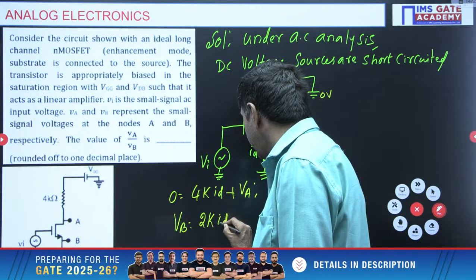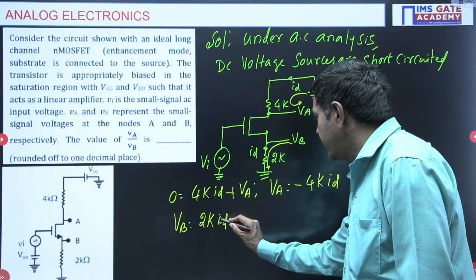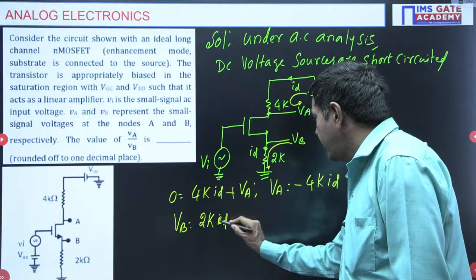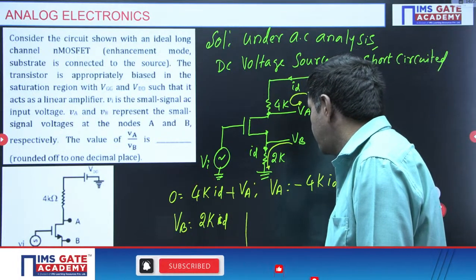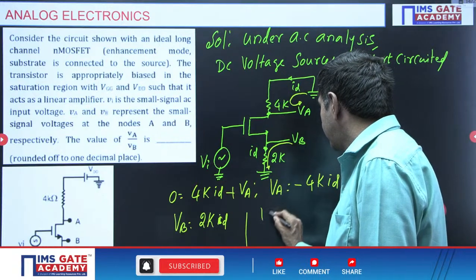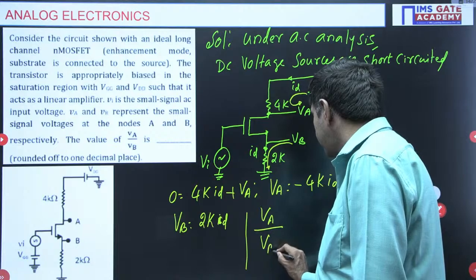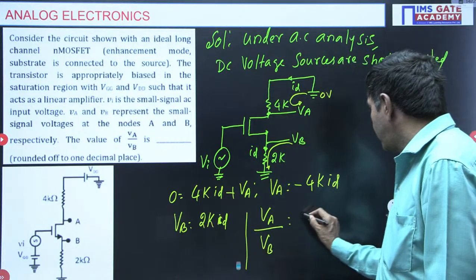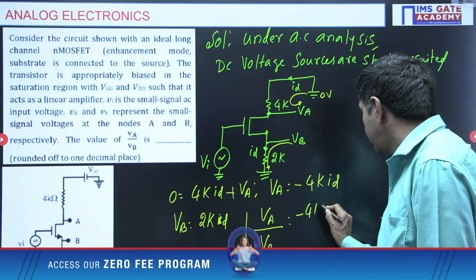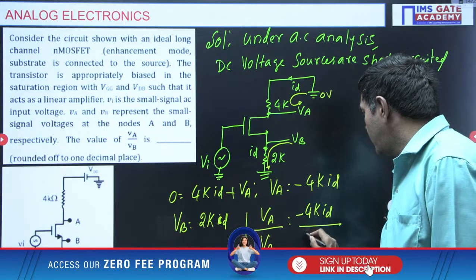Now the ratio required is VA by VB, which is minus 4K into ID divided by 2K into ID.